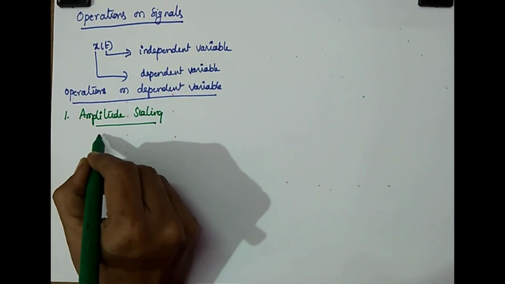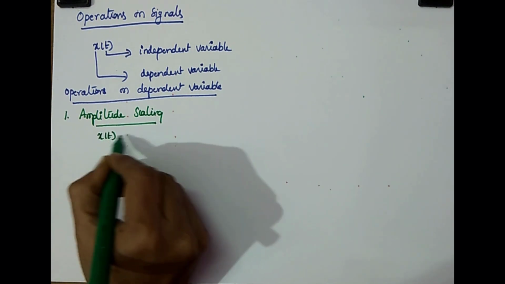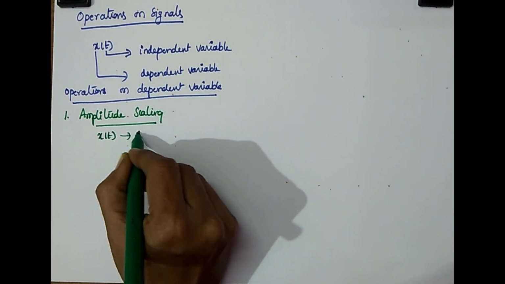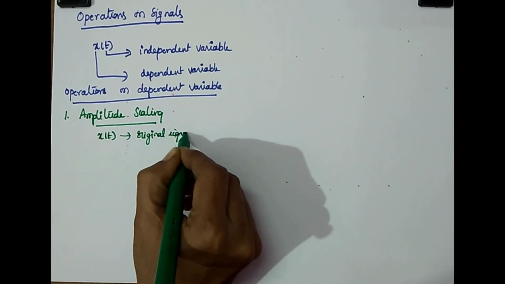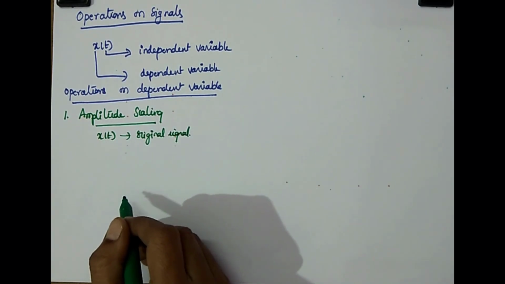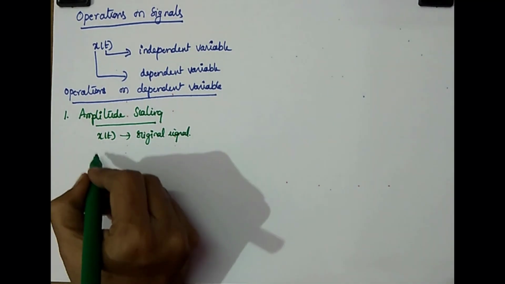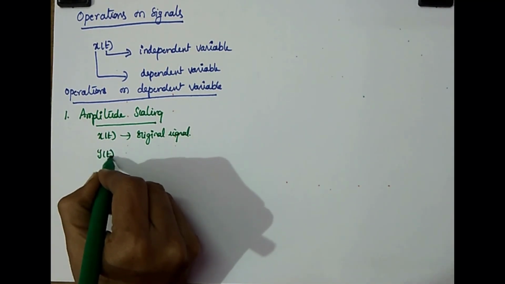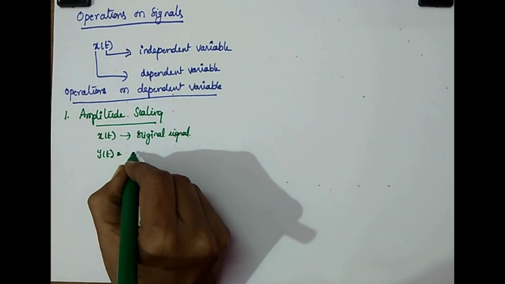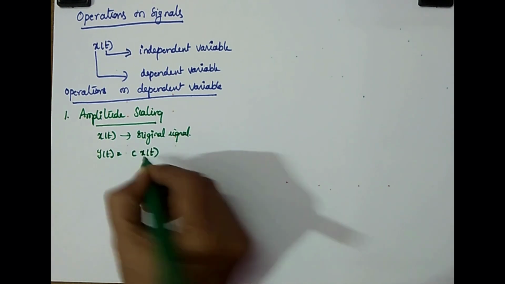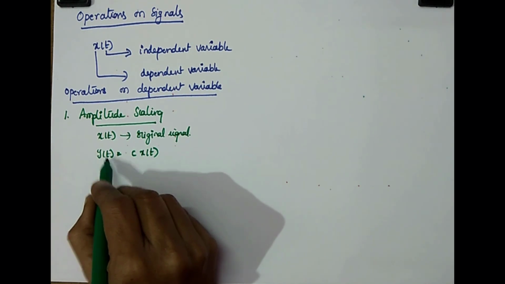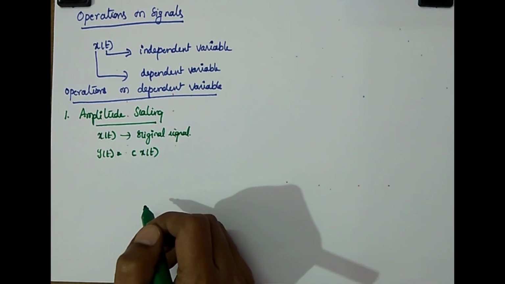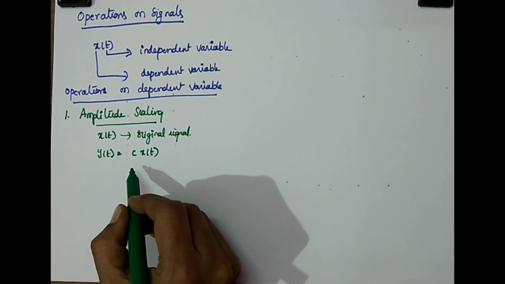What is amplitude scaling? So x of t is our original signal. Then the scaled version of x of t, let it be y of t, is nothing but c into x of t. Y of t is the scaled version of your x of t, and that scaling is for amplitude.